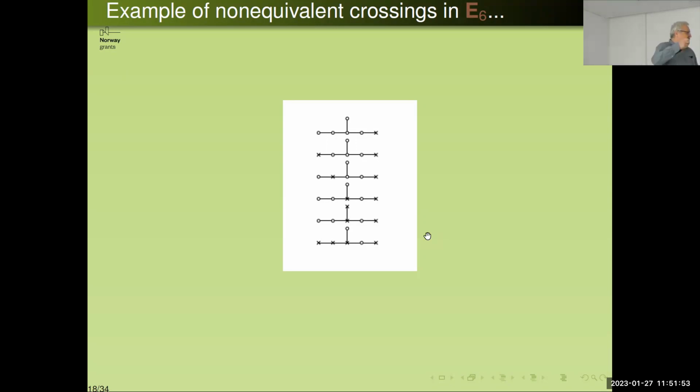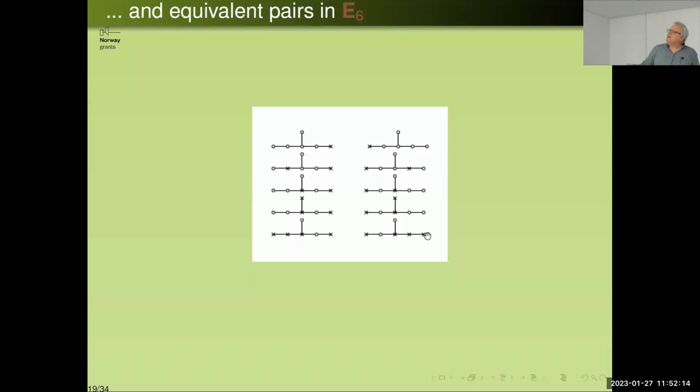By equivalence here I mean you take a group of motions, with reflections in the plane, and if you can put the diagram onto itself, then it is an equivalent decoration. So for example, this decoration and this decoration are equivalent. So this corresponds to the same choice of parabolic or the same gradation.